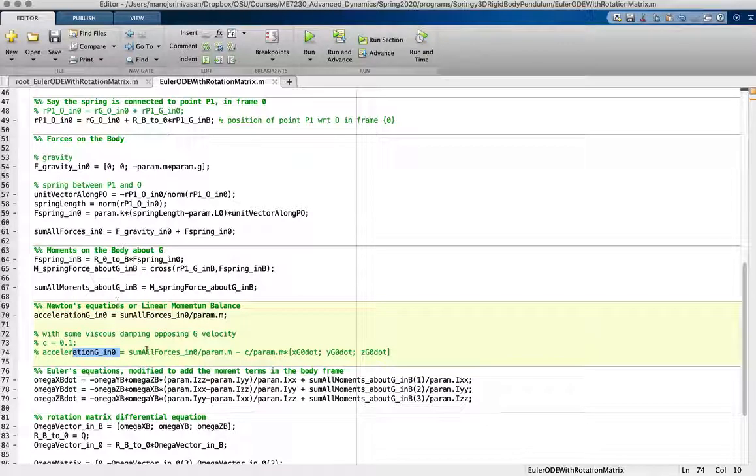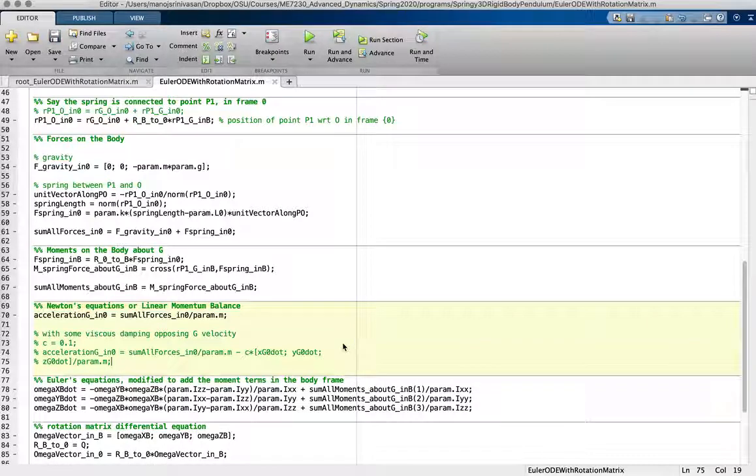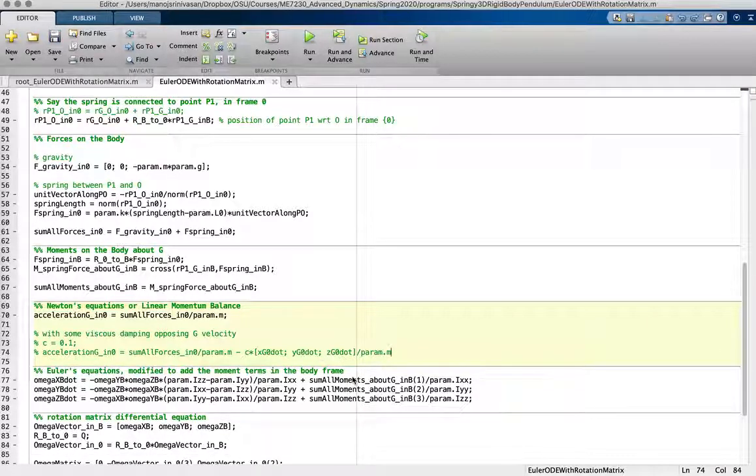The acceleration equals the sum of all forces divided by m, and then an additional force, which is c times the velocity of point G, divided by m, or something like that. We could do this potentially, and we would have some damping. Here we don't have any damping actually. Damping might just allow the springy pendulum to settle down eventually. That may be interesting to see, but doesn't matter.